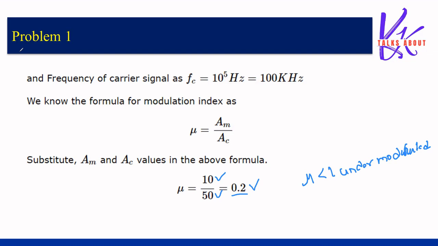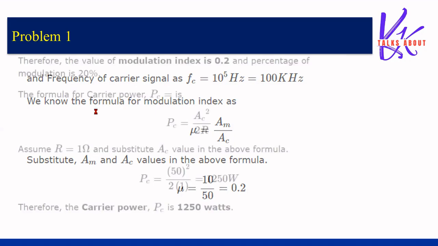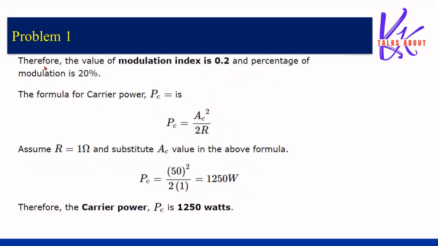And now we need to calculate the power utilized by your modulated signal. Here the modulation index is 0.2, which is under modulated, and the percentage of modulation is 20%. When we multiply the modulation index by 100, we get the percentage of modulation, which is 20%.